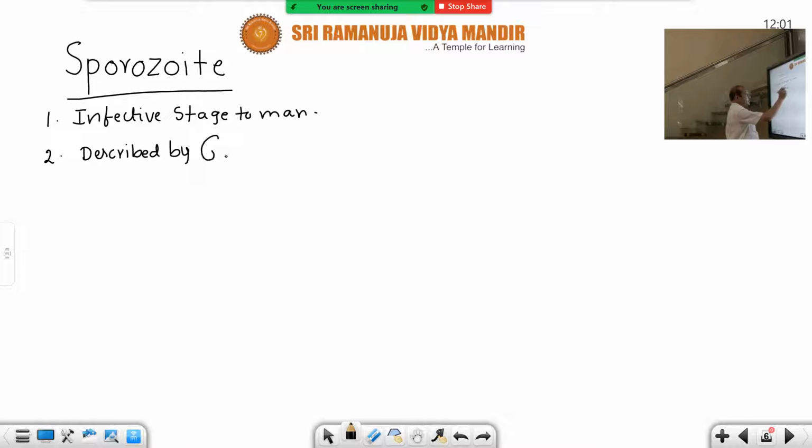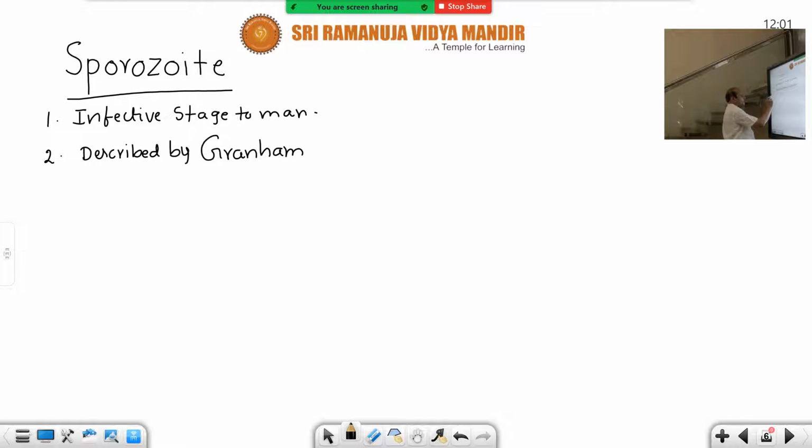On sporozoite, this scientist Garnham, Shortt and Garnham, was already referred to in the case of the pre-erythrocytic cycle. At that time, Garnham separated from Shortt and described the details of the sporozoite.